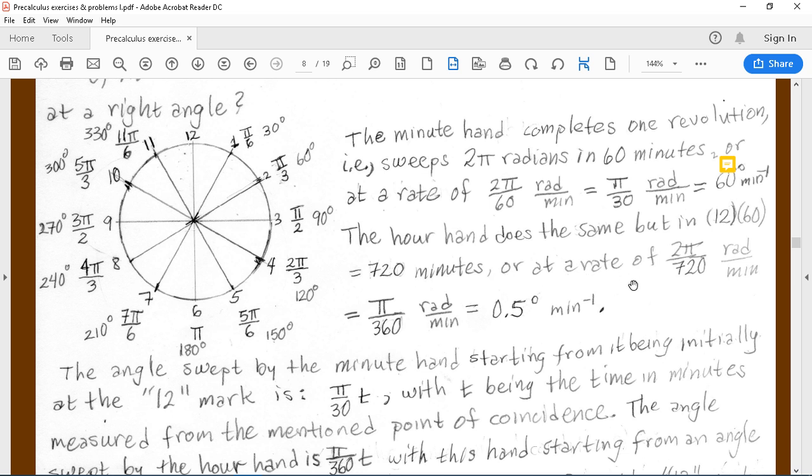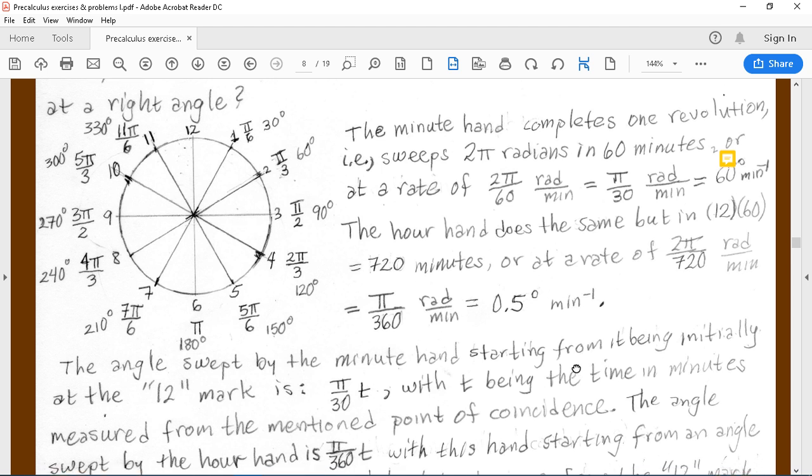So that means that it does that at a rate of 2 pi over 720 radians per minute, which is pi/360 radians per minute, which is equal to 0.5 degrees per minute.